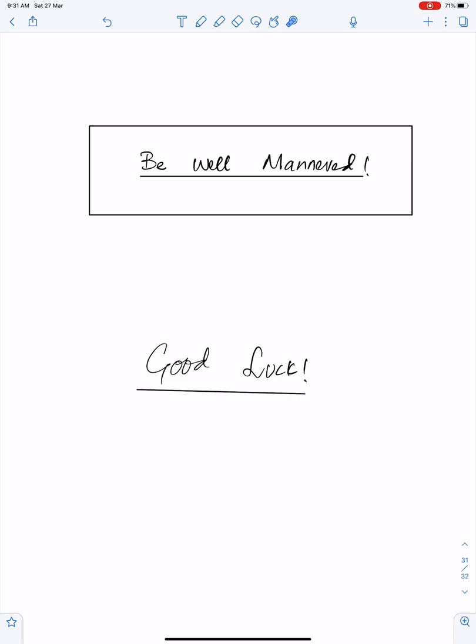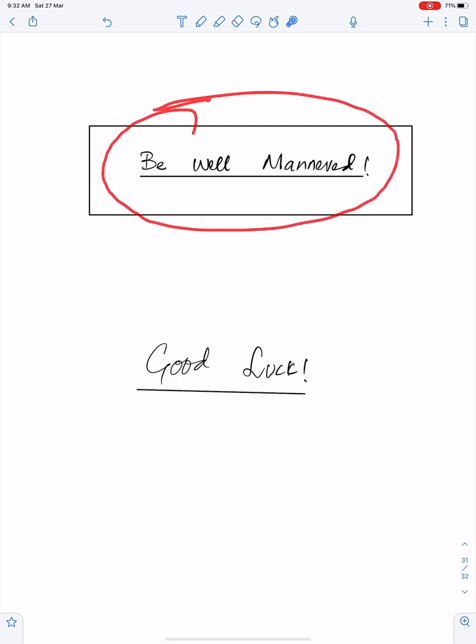Good luck, and an important advice for me and for everyone: we should be well mannered, and we should be careful regarding being well mannered. We should be extra conscious. We should always dress properly. We should always be humble, kind, down to earth, sincere with others, like these things. Well mannered is a very comprehensive term.